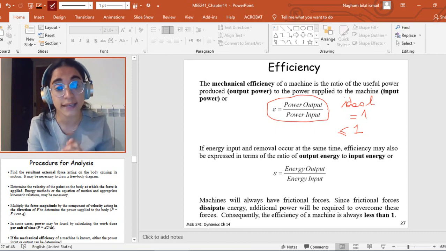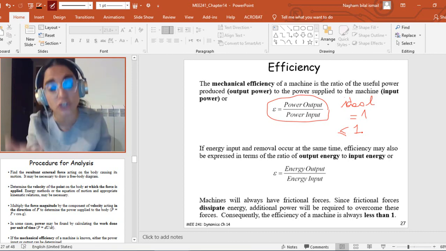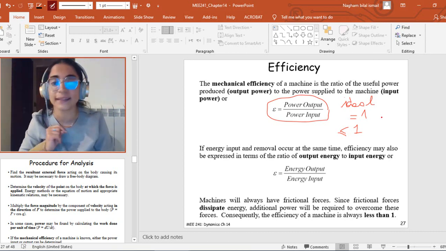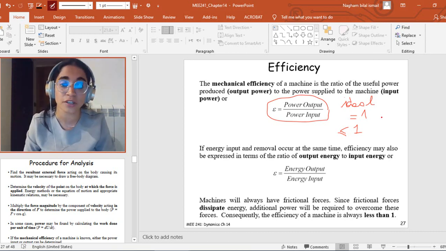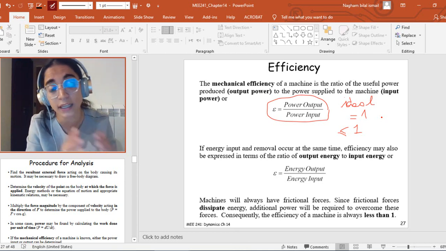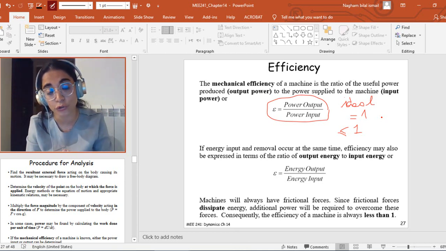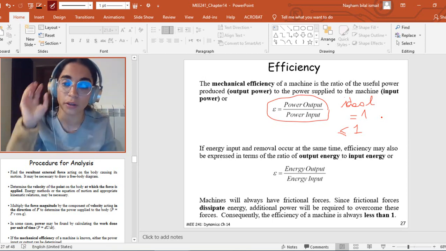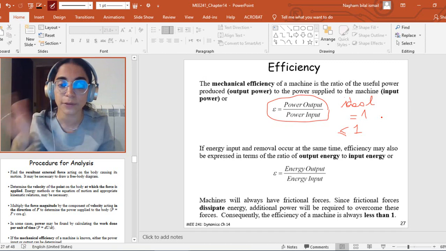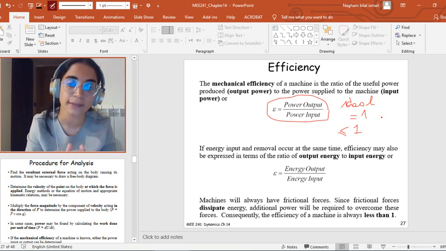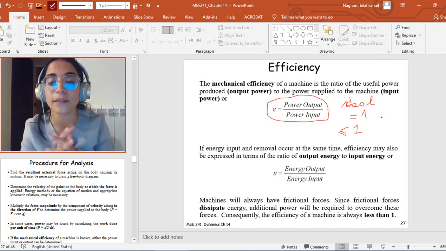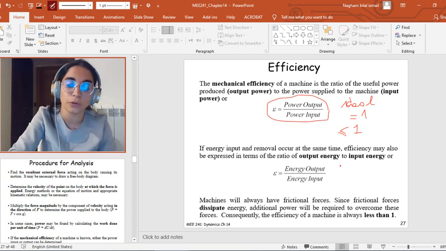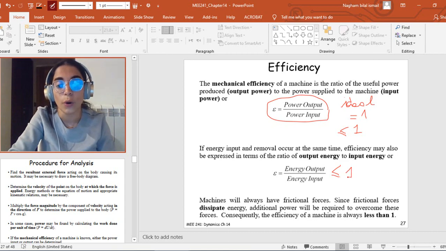Now, I can also say that the efficiency is equal to the energy output over the energy input because, in fact, I can remove delta T from both sides of this ratio, right? I know that the power is equal to the energy over a certain interval of time, so I can substitute it in the numerator and denominator and simplify by delta T if I consider the same time interval, and in this case, the efficiency will be equal to energy output over energy input, and don't forget that it is less than or equal to 1.